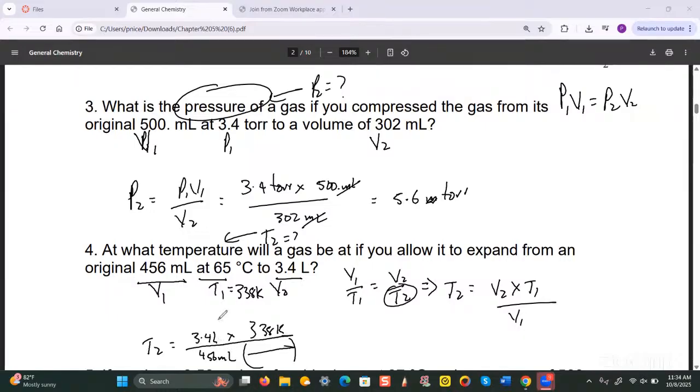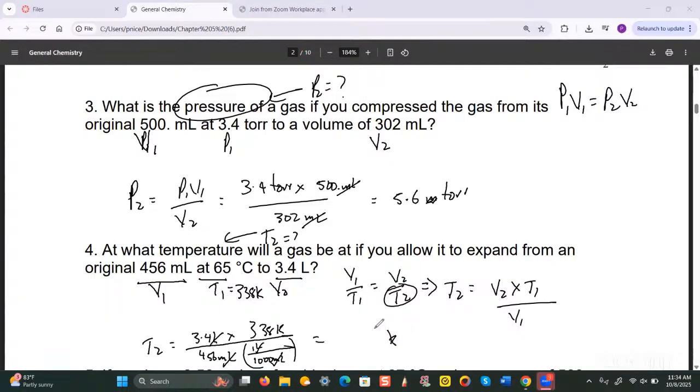The volume units must be the same, right? So what you can do is either convert the milliliters to liters or vice versa. I'm going to choose to convert milliliters to liters so that I would put 1 liter above and 1,000 mils below, so that this will go with that. So the only unit remaining would be the Kelvin unit.